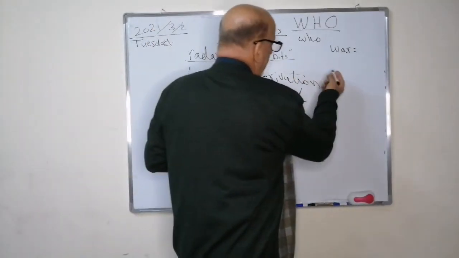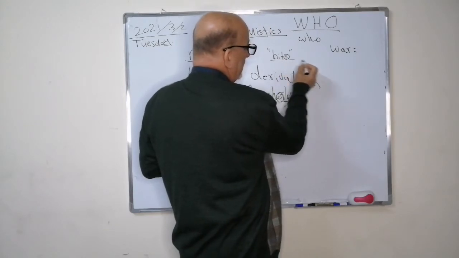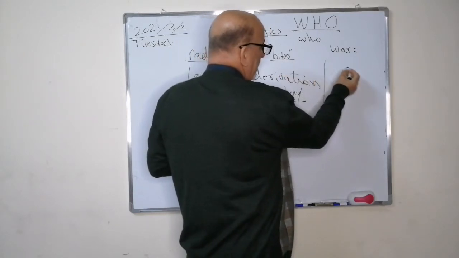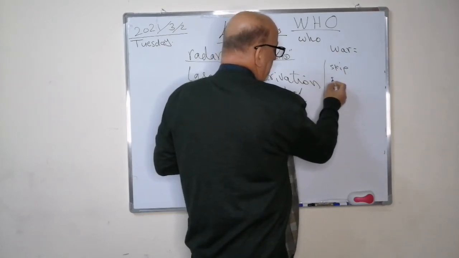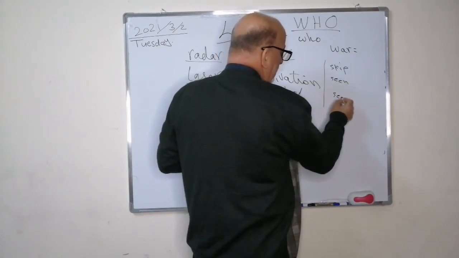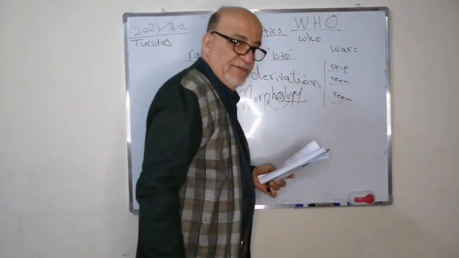When I go to the word bits, this plural, I do not find it in the list. I say, for example, skip, scene, these all have a separate listing.